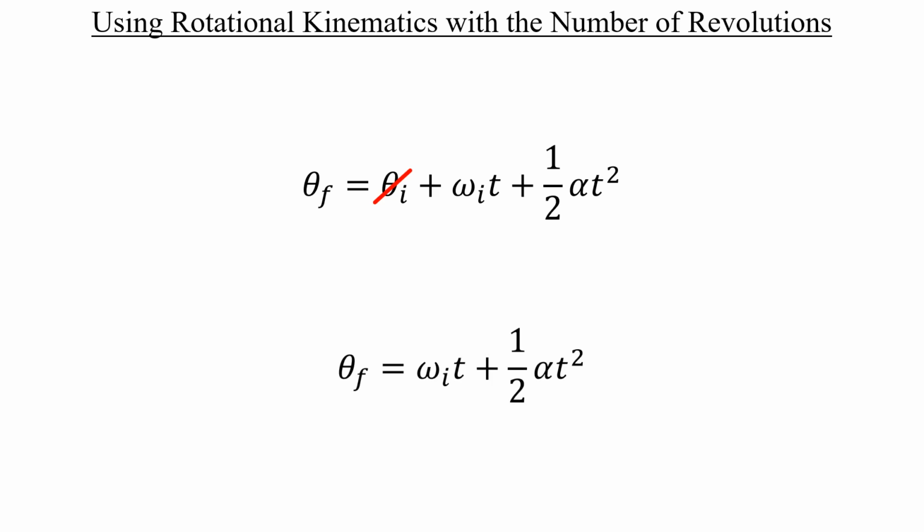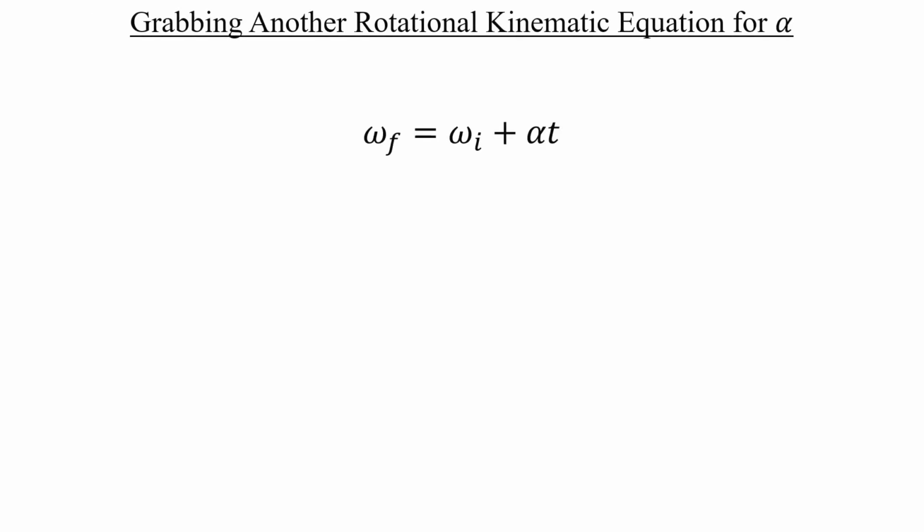I'm going to call our result here equation 1. Unfortunately, we have two unknowns now. Alpha again, and now time. I know it might seem like we just made the situation worse, but to fix that, we're going to grab another equation, this one.